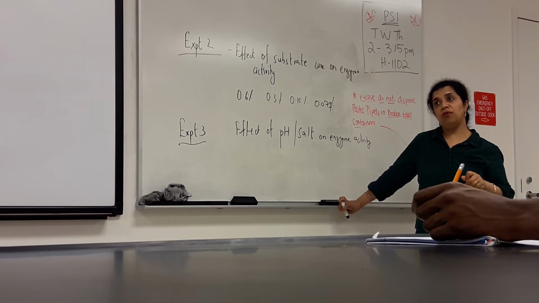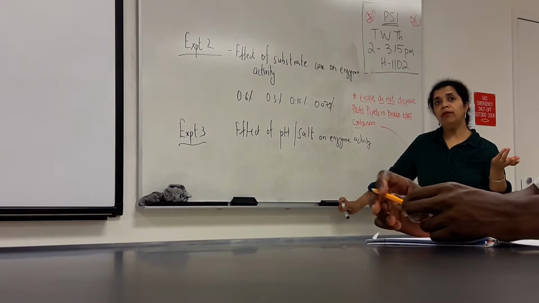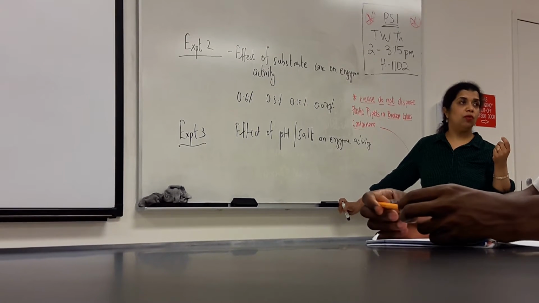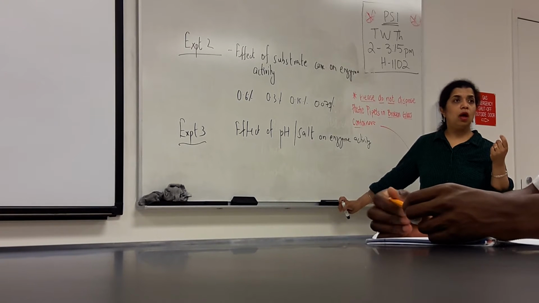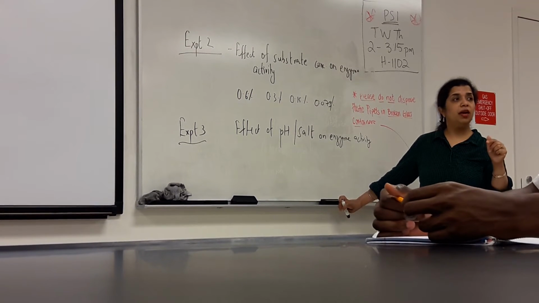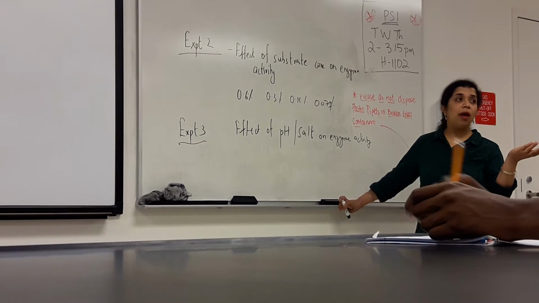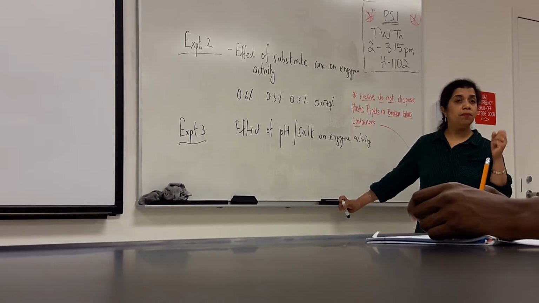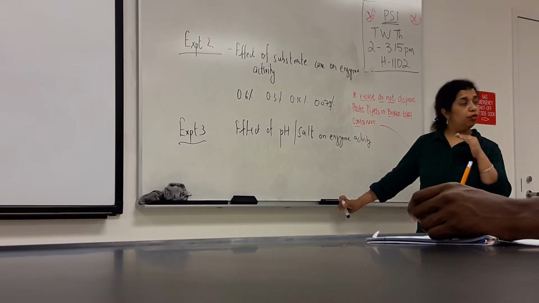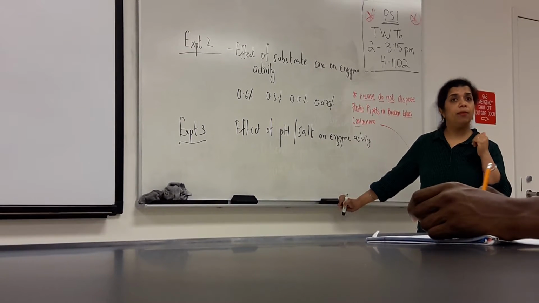You get more absorbance values. Fewer molecules of quinone, lower absorbance values. So the amount of product formed is directly proportional to the enzyme activity, and directly proportional to the absorbance values you're getting. So these were the 3 experiments we did. Now we're going to discuss how you would write the lab report.